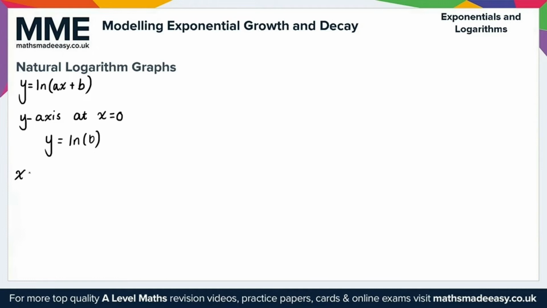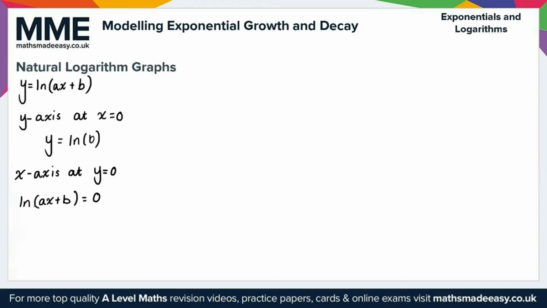That's at y equals 0. So we replace y with 0, and we get the natural logarithm of ax plus b equals 0. But what we need here is x equals.